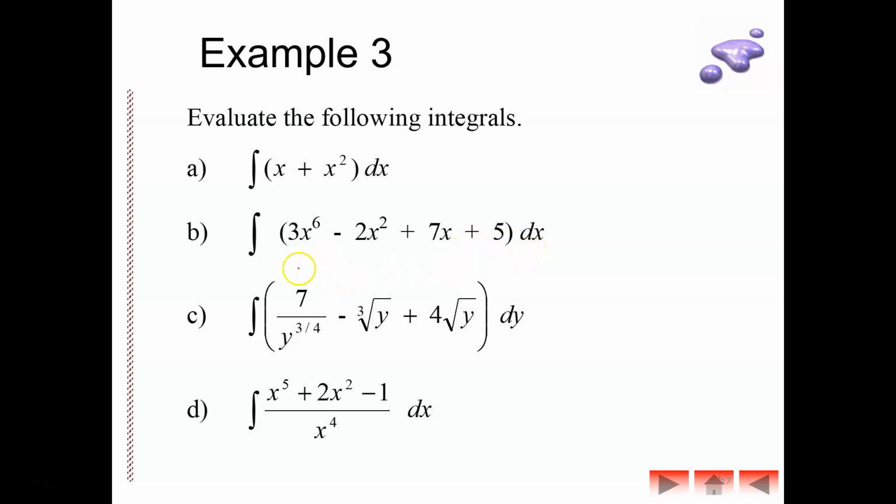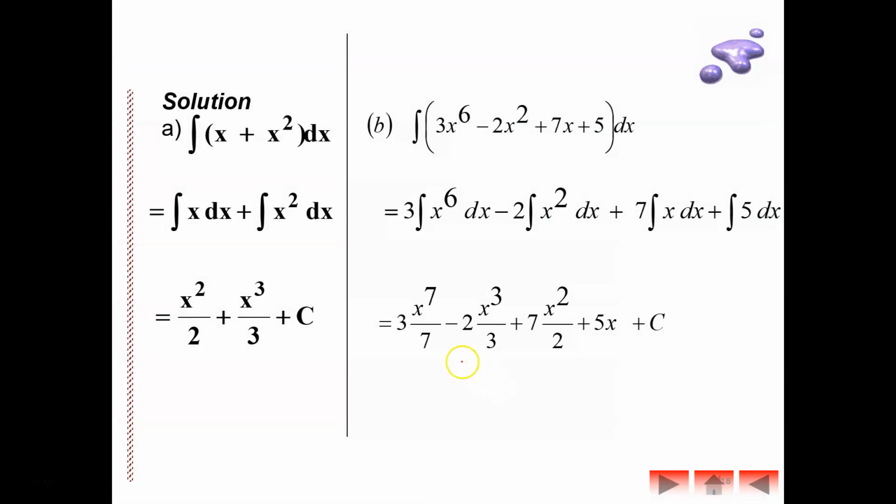So a bit longer than the A. And then C, you will have integrate 7 over y to the power of 3 over 4 minus, not square root, this one is cubic, y plus 4 times square root of y dy, and the square root of a fraction over here, dx. Okay, let's see one by one.